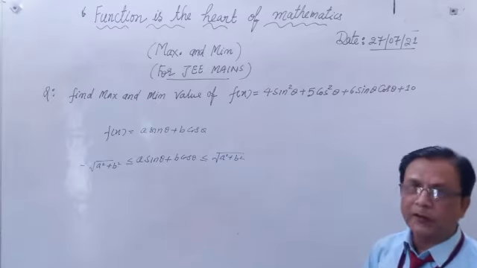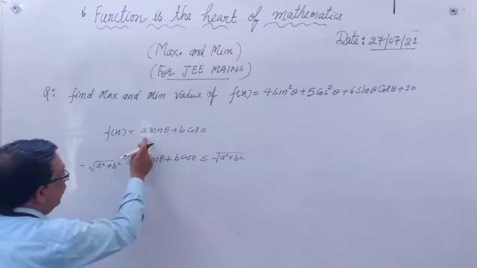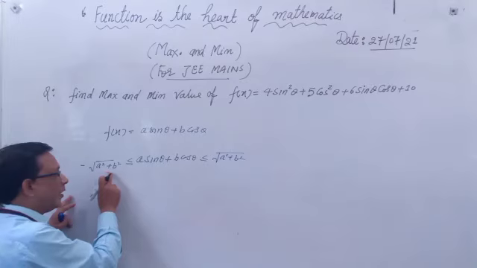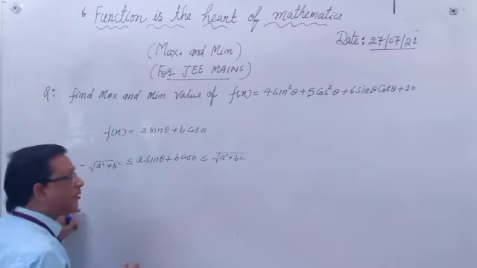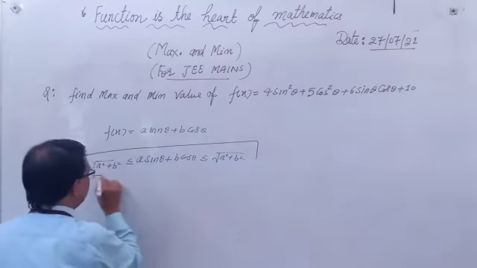This is a very important point: the value of a sin theta plus b cos theta is always between minus root a square plus b square and root a square plus b square.